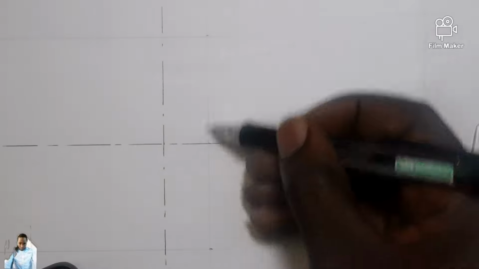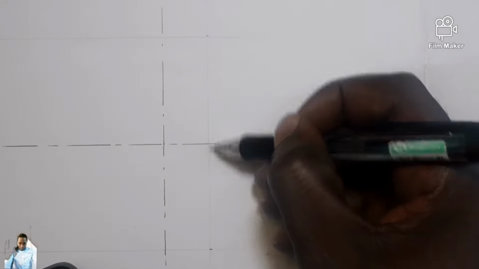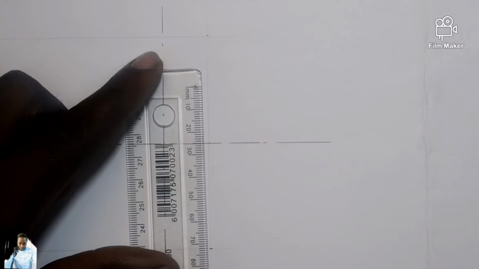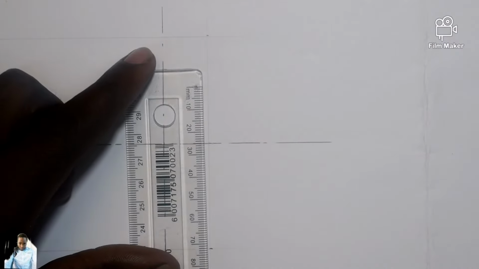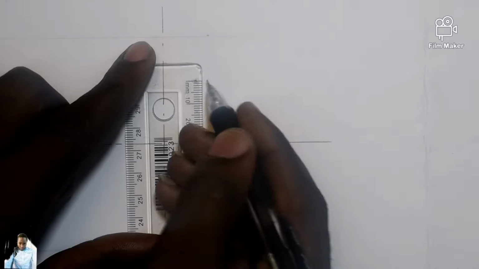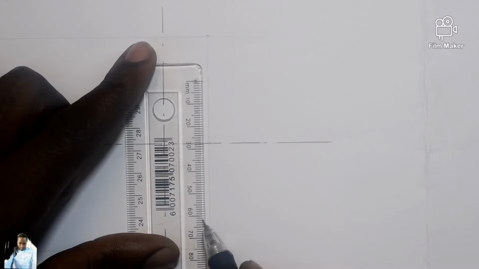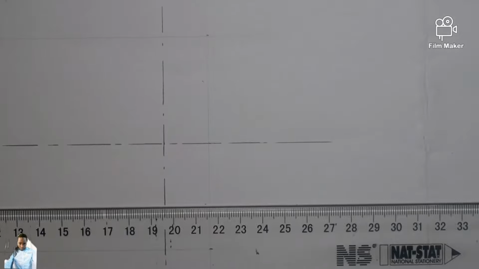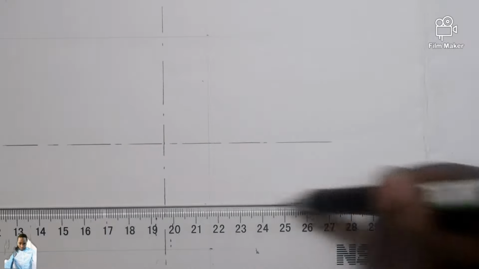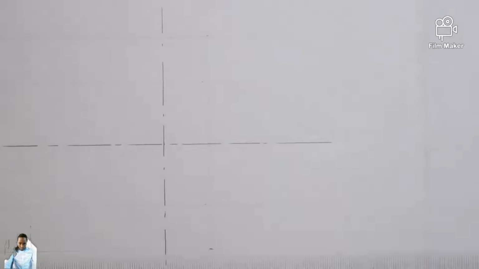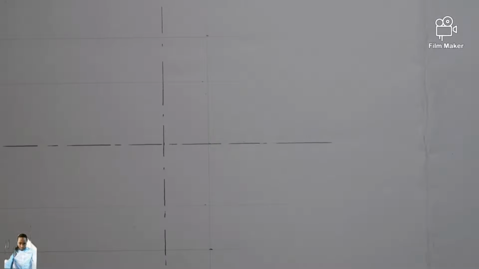So from here till there is 27.5, and from here till there 27.5. So I mark at 0 and mark at 55. This is it. Then I will draw a faint line and draw a faint line. I hope you can see my faint line.